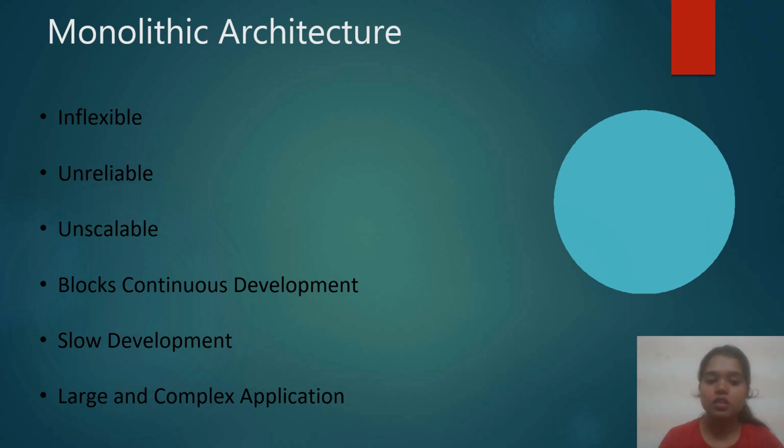There are many disadvantages of this monolithic architecture program, and that is that it is inflexible, unreliable, unscalable, and it also blocks continuous development, and it also certainly slows down the development process, and also it is a large and complex application.